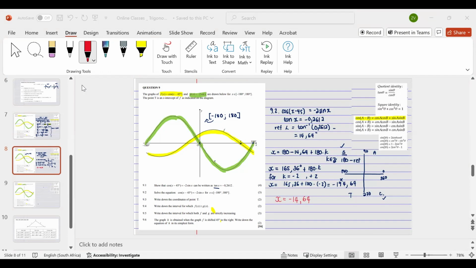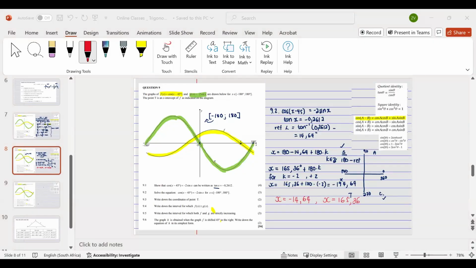Now, again, trial and error, we add 1. So now we're going to try 0. When we do 0, we're going to get a positive 165.36, so we have another value, which is x equals 165.36. Then we check again.